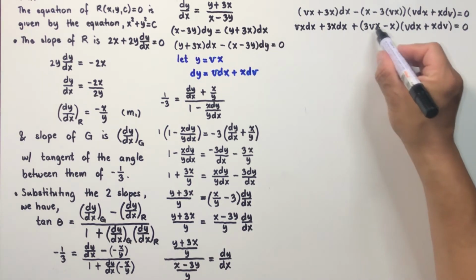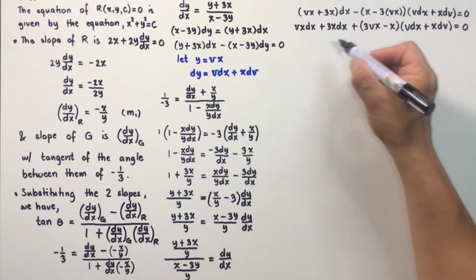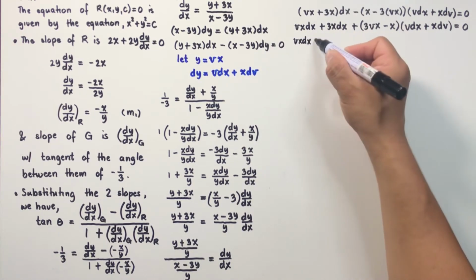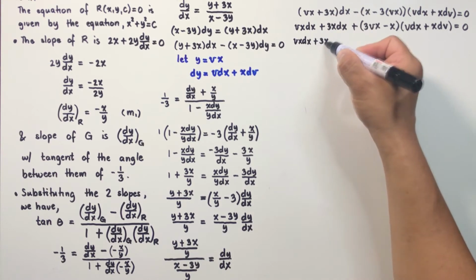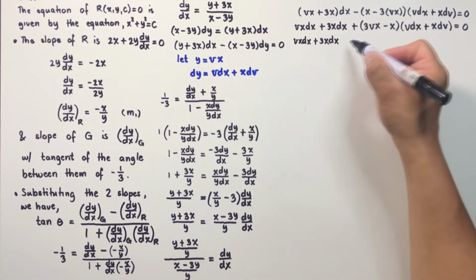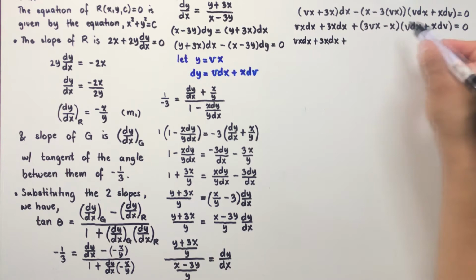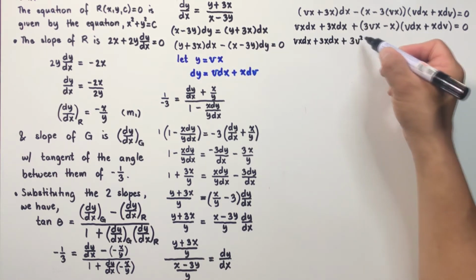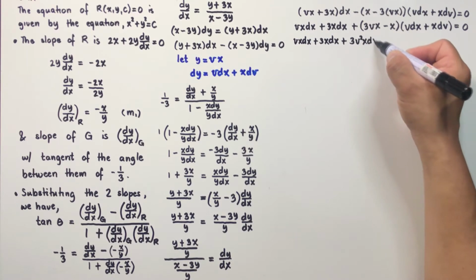So multiplying these two binomials here, we have vx dx plus 3x dx plus 3vx times v dx is 3v squared x dx.